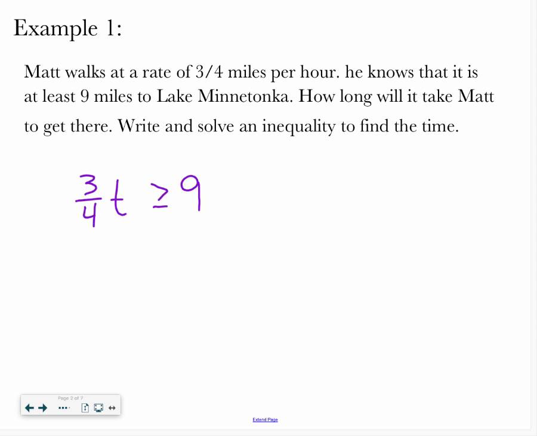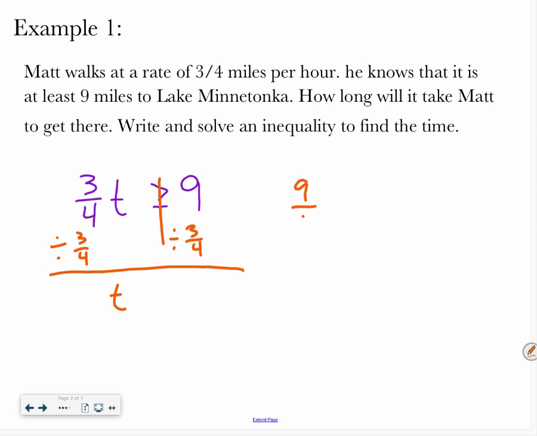So in order to solve this, just like we were doing before, we want to get our variable by itself. So we have 3/4 times t, so we want to divide both sides by 3/4. Remember, dividing by a fraction is the same as multiplying by the reciprocal.